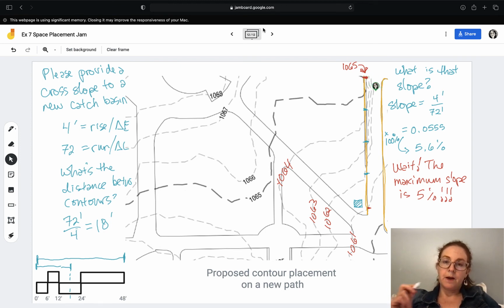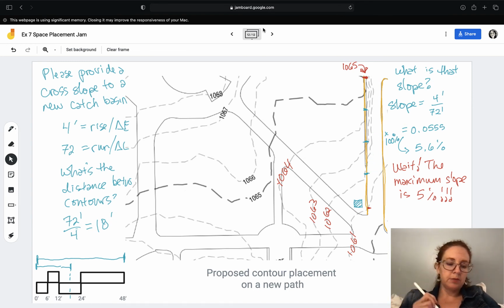But I'm thinking this through a little bit more, and I'm realizing I forgot that the university has asked us to put in a cross slope to drain there. Because water always travels perpendicular to contours and the closest distance between them, if I'm going to drain here, that means my contours across this walkway are going to be angled slightly to be pushing that water in that direction.